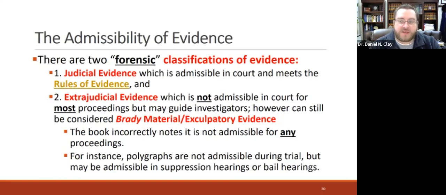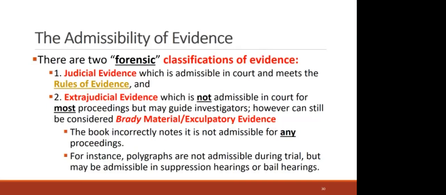Judicial evidence is information that you collected, information that you have, and we're going to let the jury hear it. To get to a point where you can have a jury hear it, you have to show that you're not barred by the rules of evidence.